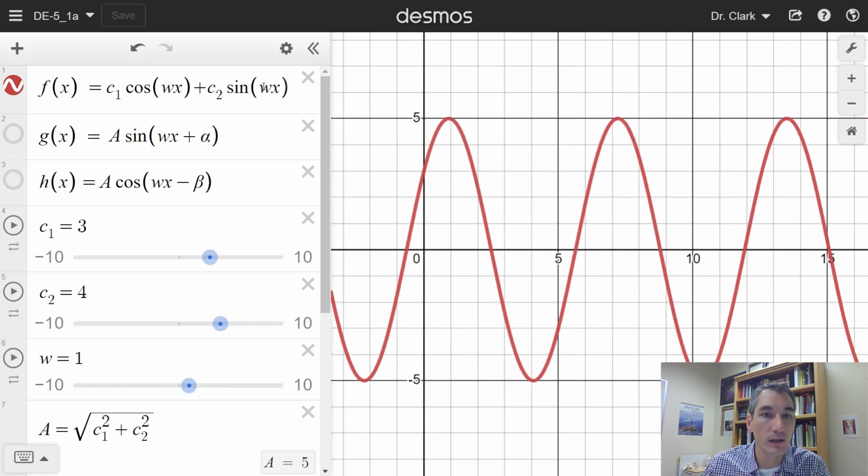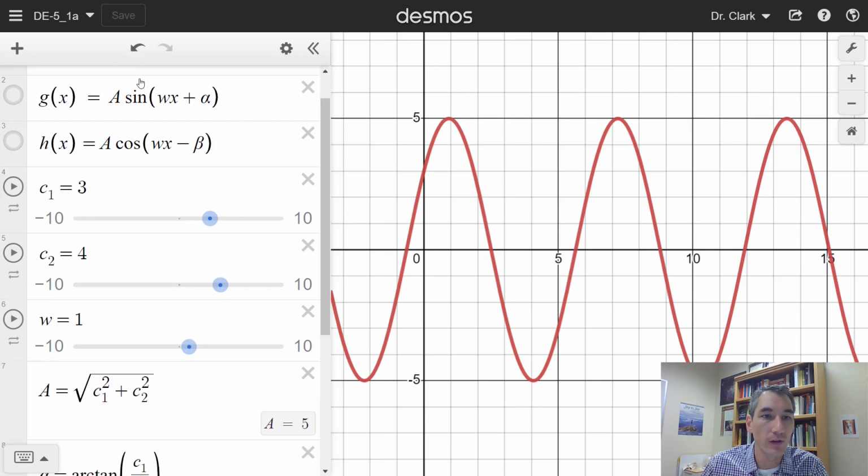So W is controlling the frequency. But look at this, C1 here is 3 and C2 is 4. If you run the Pythagorean theorem on 3 squared plus 4 squared, that's 25. The square root of 25 is 5. And you'll notice the height of this is 5.